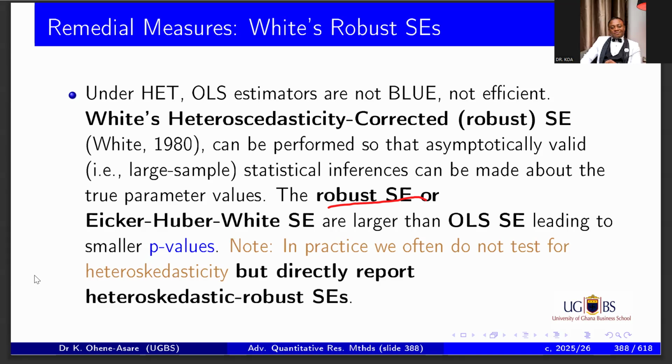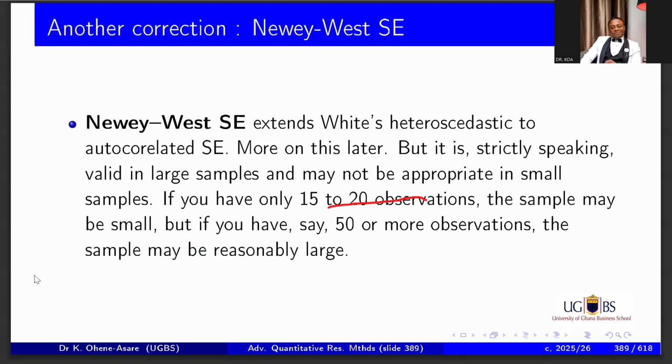What else? Another is to use the Newey-West. It's the best of all. The Newey-West is an extension of the White heteroscedasticity correction. It will not only correct for heteroscedasticity, but also correct for autocorrelation. Strictly speaking, it is valid in big samples. If you have only 15 to 20 observations, it might not work properly for you.